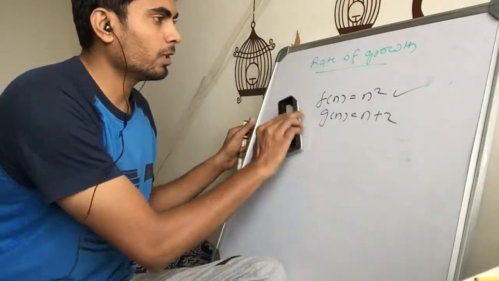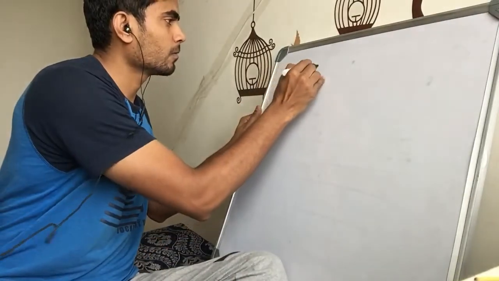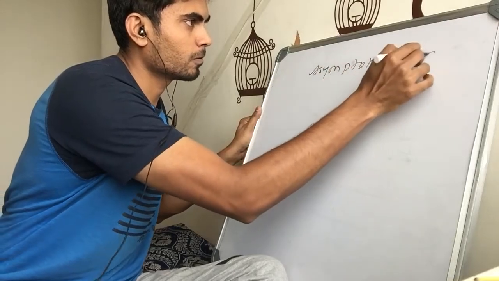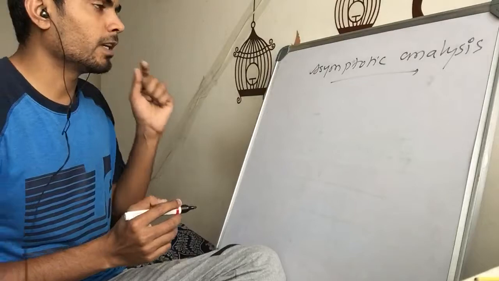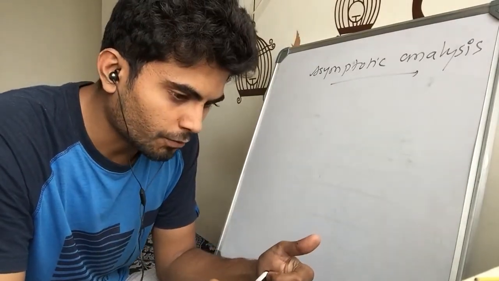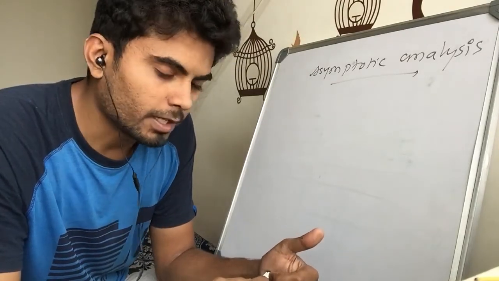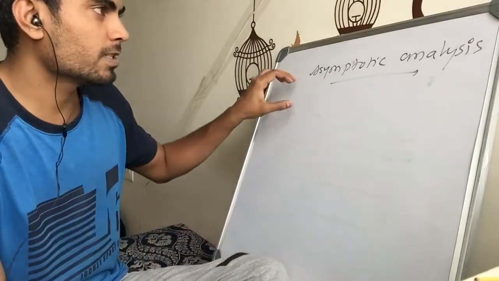Now come back to the definition of asymptotic analysis. Asymptotic analysis deals with the behavior of functions or polynomials at a higher or bigger value of input. This is asymptotic analysis.